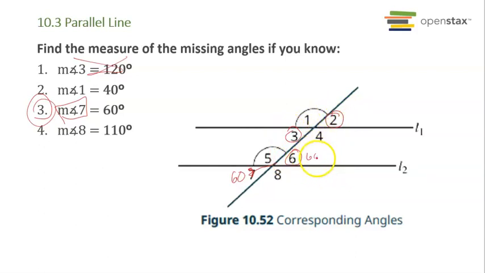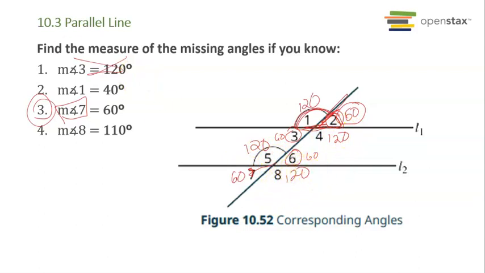So all of these are 60 degrees. Well, this is a line right here, so I have a straight angle that adds up to 180 degrees, making these supplementary. So if this is 60, then 1 is 120, 4 is 120, 5 is 120, 8 is 120, right?